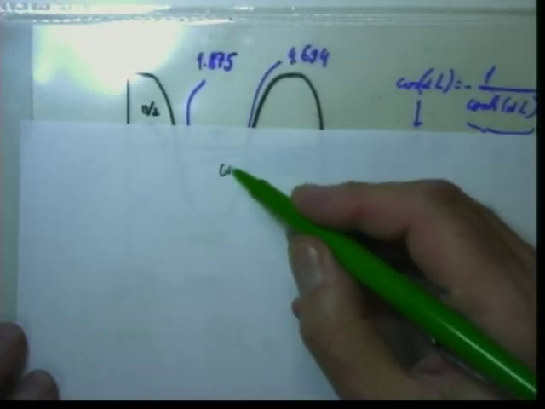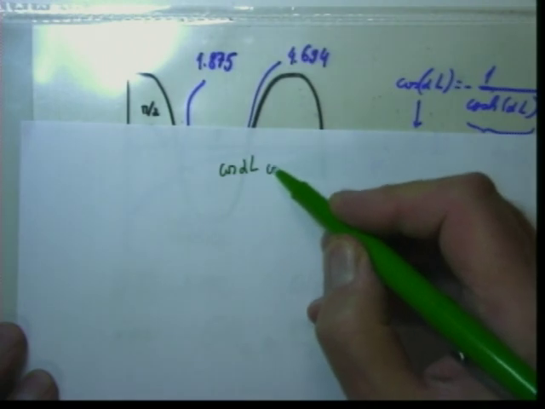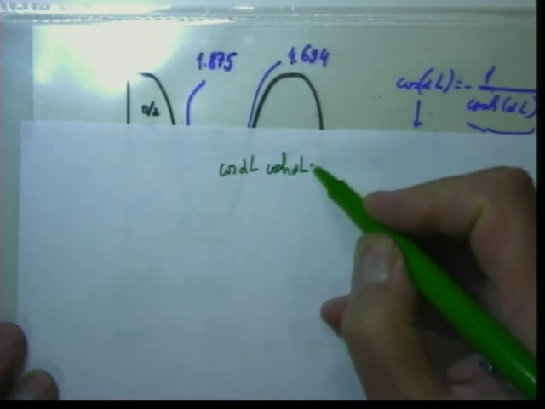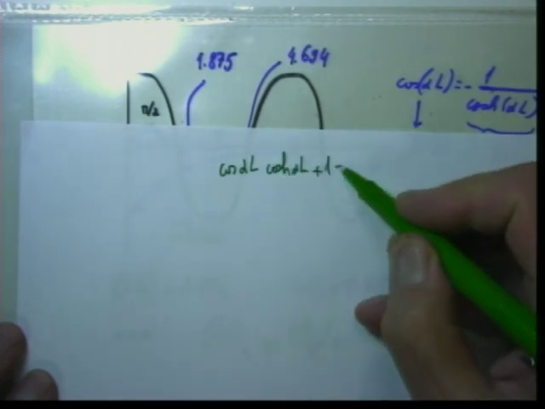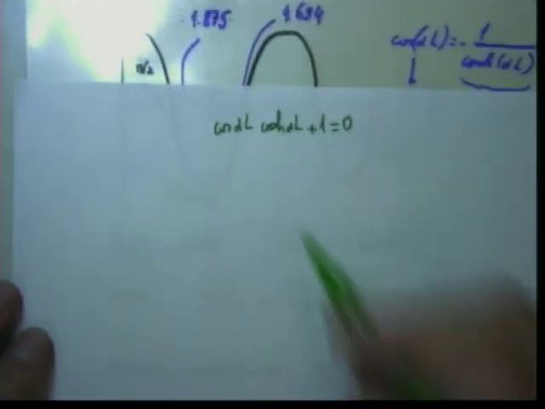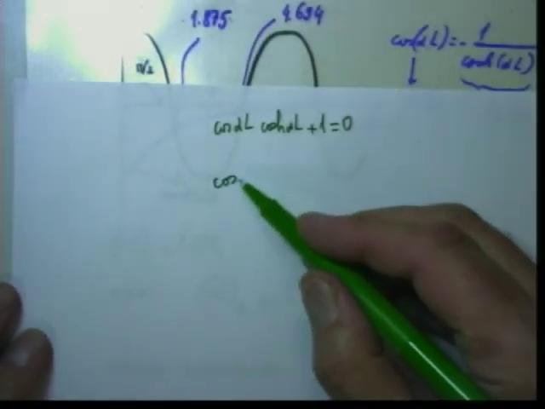So we wrote cosine alpha L, hyperbolic cosine alpha L, plus 1 equals 0. So we will write the following.